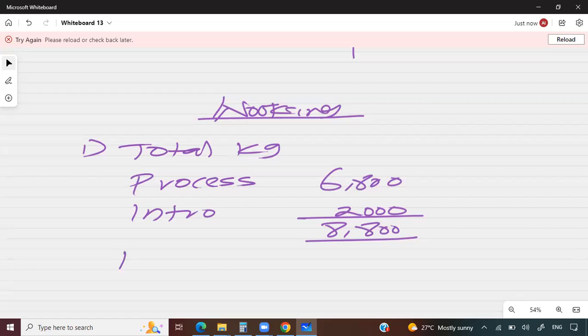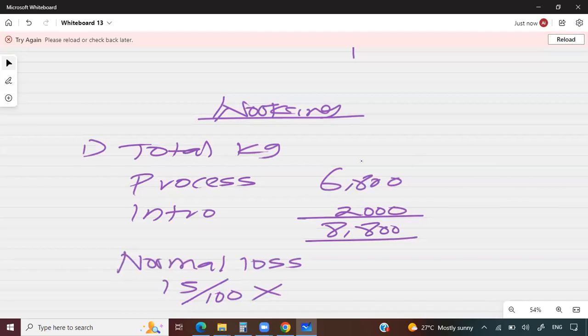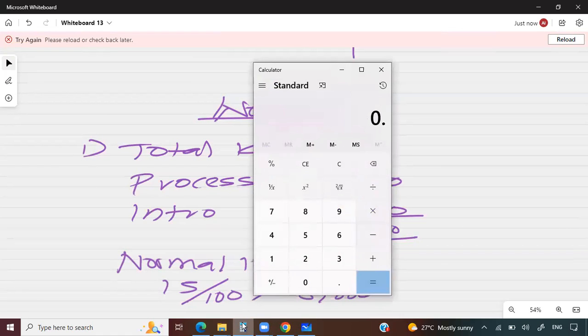Now the normal loss should be 15%. So 15 divided by 100, which is 0.15, multiplied by 8,800, gives us 1,320.